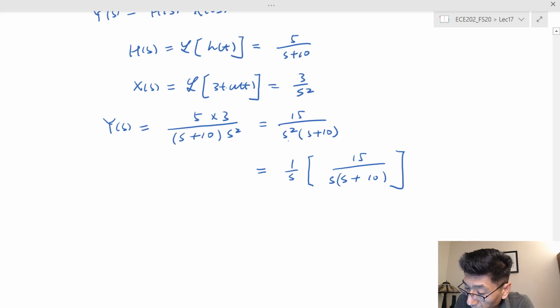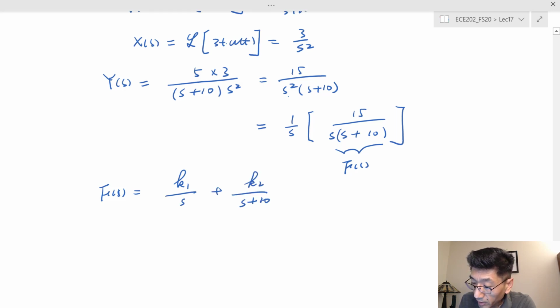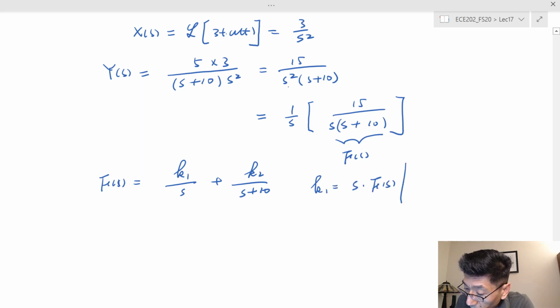Let's call this F(s). We're going to expand that F(s) using the cover-up method, and that's going to be equal to k1 over s plus k2 over s plus 10. And k1 plus k2 should be equal to 0 based on the sum of residues, right? So k1 should be equal to s times F(s), and we evaluate that at s equal to 0.